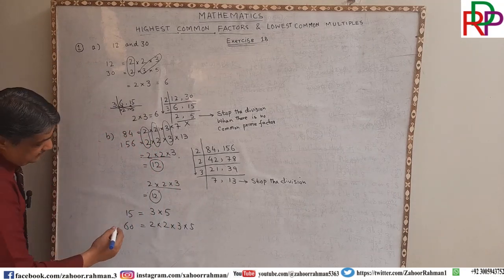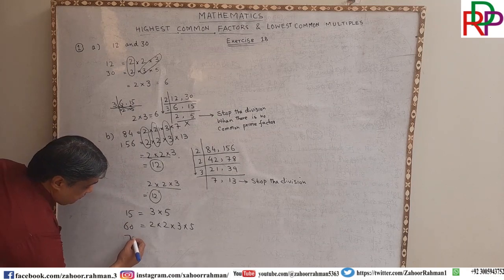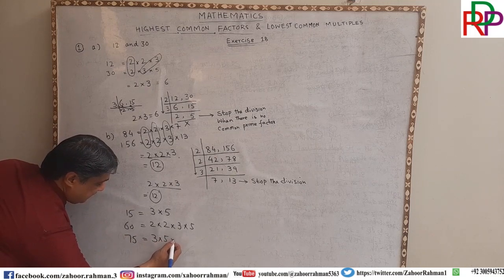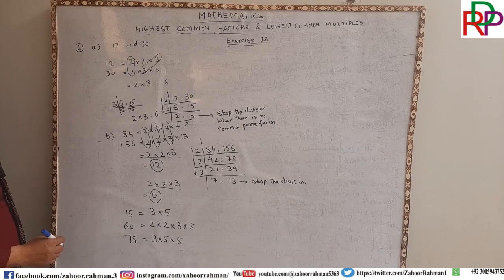The next one is 75. So 75's factors are 3 into 5 into 5. These are the factors.